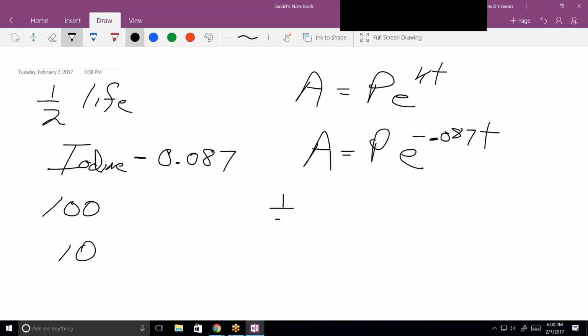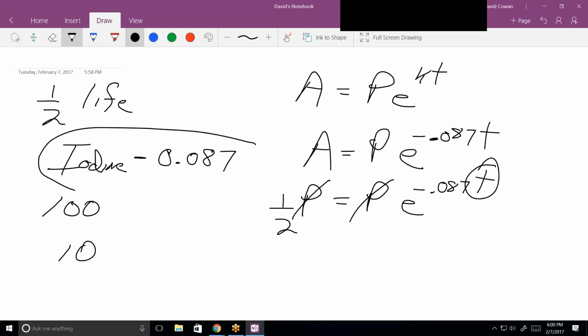So 1/2 P would be the material loses half of its mass. Now we have this. The P's cancel. Now we only have one variable to solve for, t. In other words, based on the rate of decay that they gave you, you're able to figure out the half-life of this material.